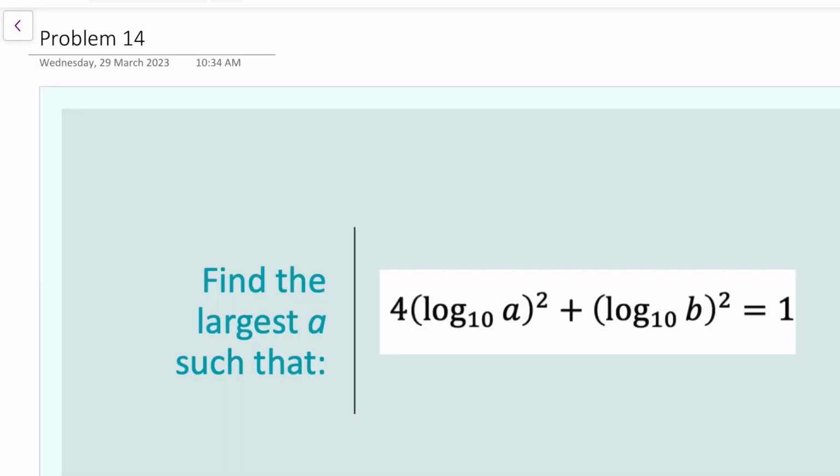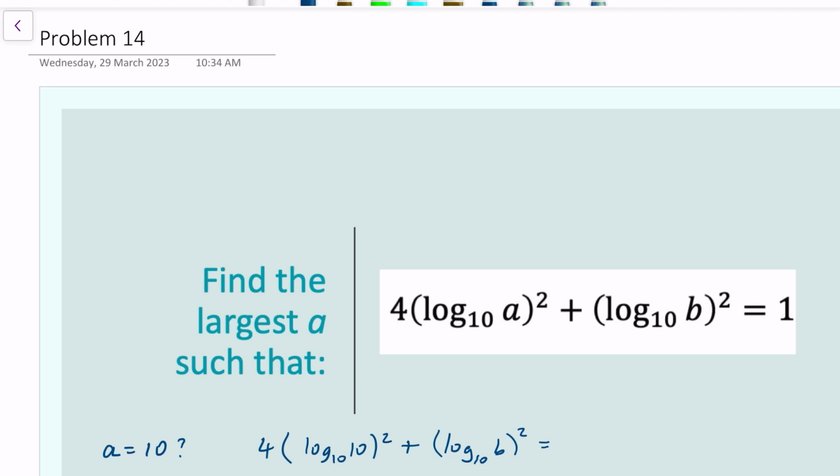Okay, first up, notice that the question doesn't mention anything about B, just finding the largest value of A. So to get our head around the question, we can try different values of A and see what happens. For example, can A be equal to 10? I pick 10 because the logs are base 10 and it's an easy one to substitute. So if A is equal to 10, then the equation becomes 4 log base 10 of 10 squared plus log base 10 of B all squared equals 1.